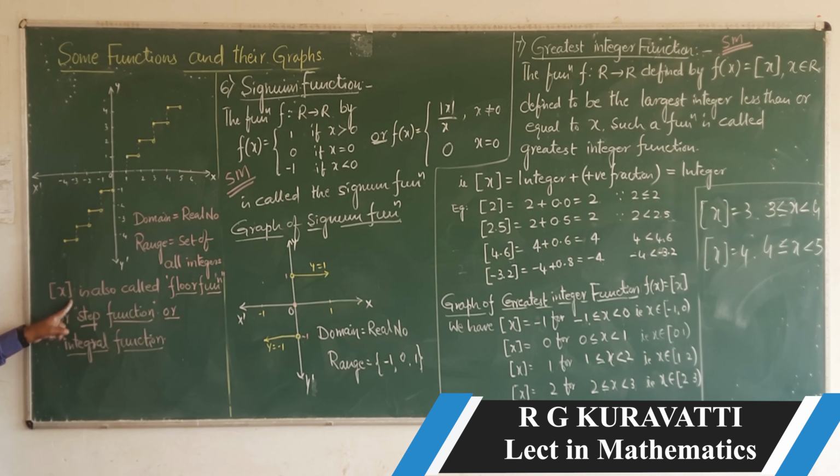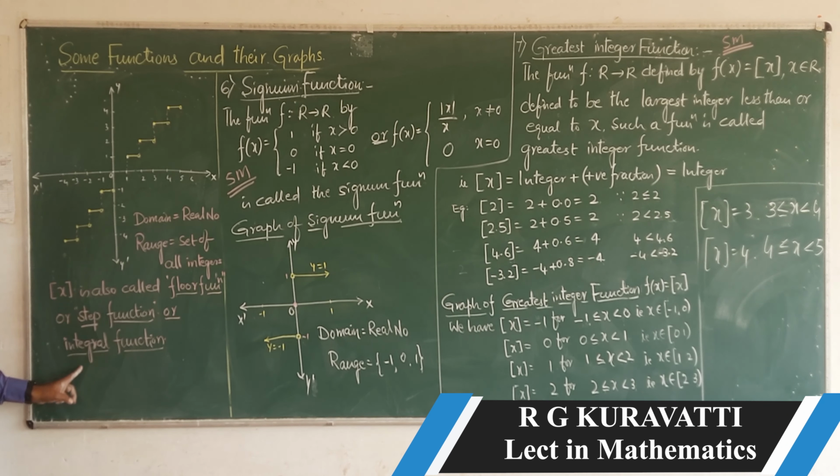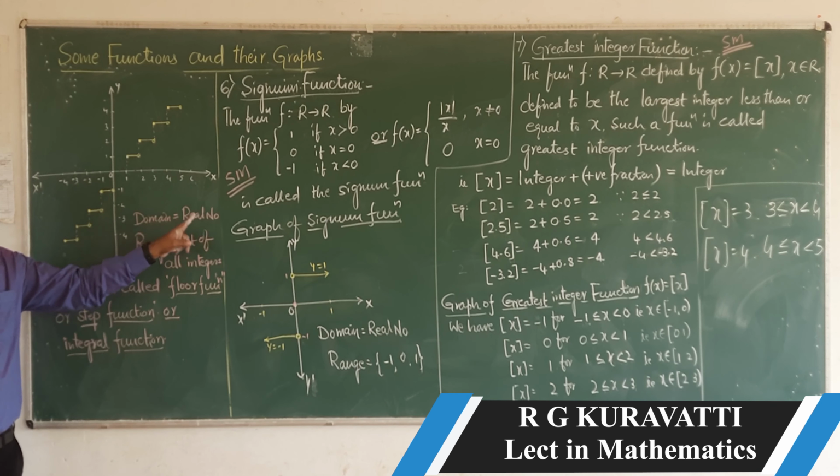So [x] is known as the greatest integer function, floor function, step function or integral function. The domain is the set of real numbers and the range is the set of all integers.